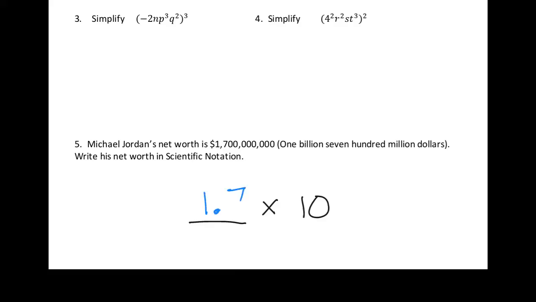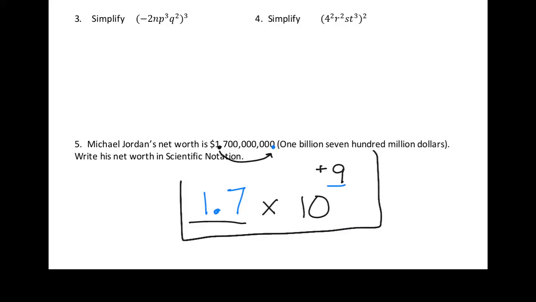Remember, the decimal has to go between the first two non-zero numbers. You are putting the decimal here. We're moving it to the right. That means it's going to be a positive. And that is what? Times 10 to the 9th? Yes? All right. There it is.